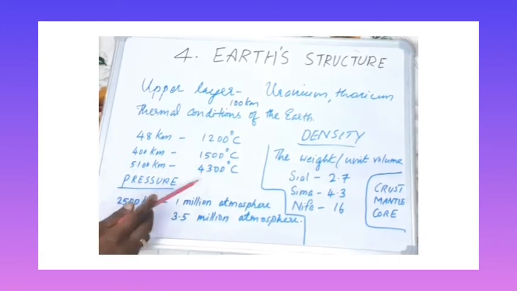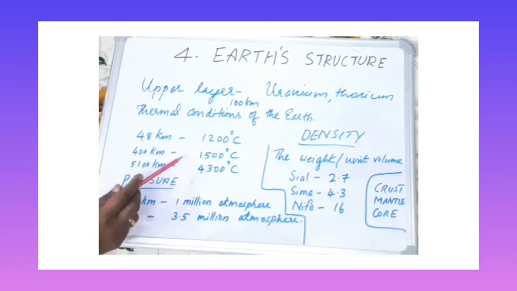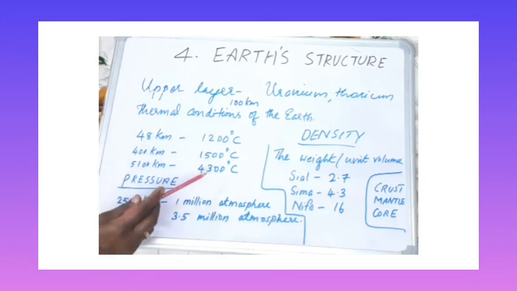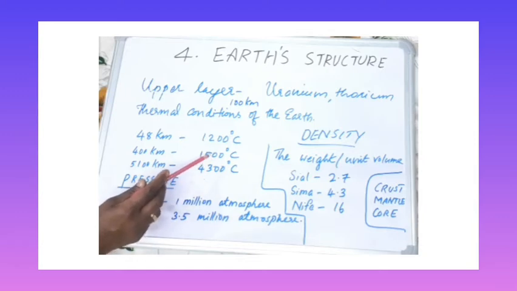From this, we understand that the thermal conditions inside the Earth vary from place to place. By knowing these temperature variations, we can know about the interior of the Earth.